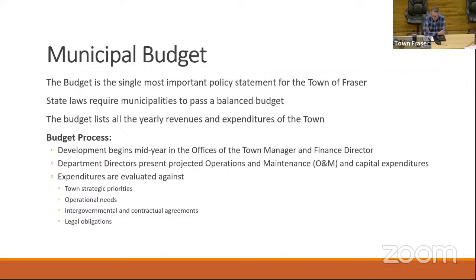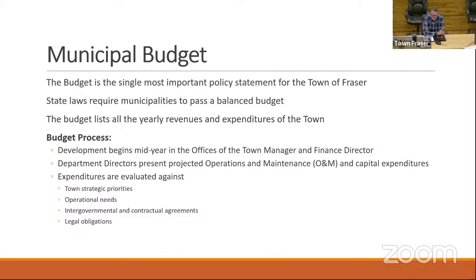So the budget process, that's how it starts. Usually by September, the town manager and the finance director have had a chance to meet with all the departments, and have started to put together those numbers for the operational costs, maintenance costs, and capital improvements. And we'll begin to schedule a series of meetings or work sessions for our board. We'll give board members time and the ability to evaluate the budget, to weigh in, to establish priorities, to change priorities if need be.